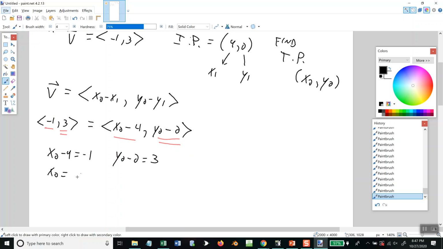Here, take -4 over, becomes a +4, and I get x2 is equal to 3. On this one, take -2 over, becomes a +2, and you get y2 is equal to 5. So our terminal point would be 3, 5.